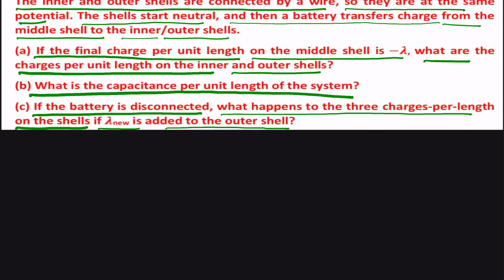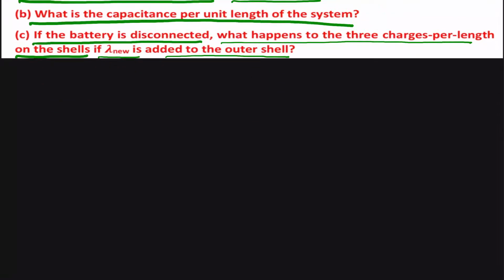We are given that we have 3 shells of different radii. Let us suppose this is our radius r, this is 2r and this is our 3r.